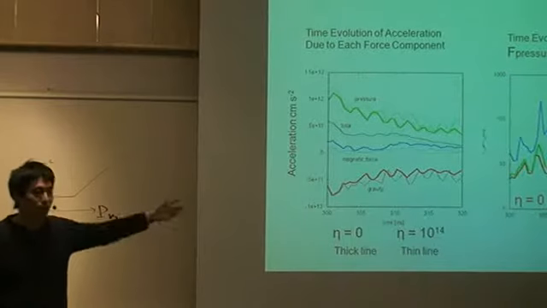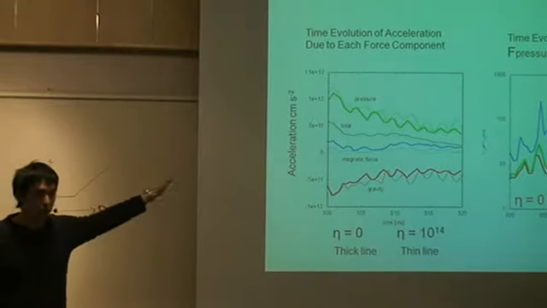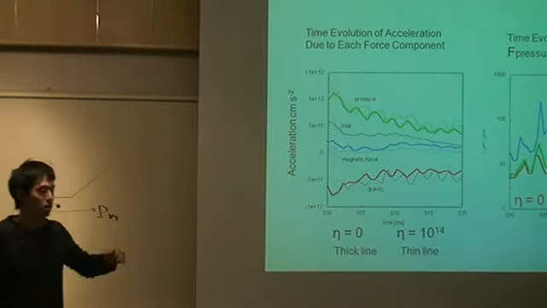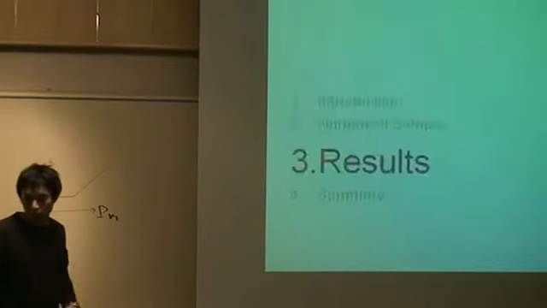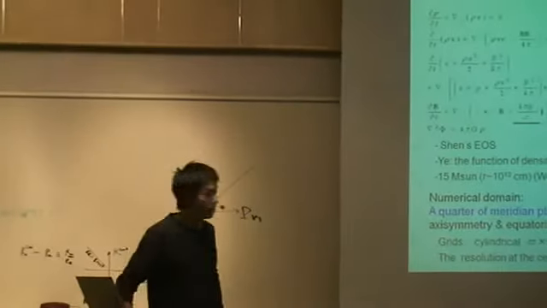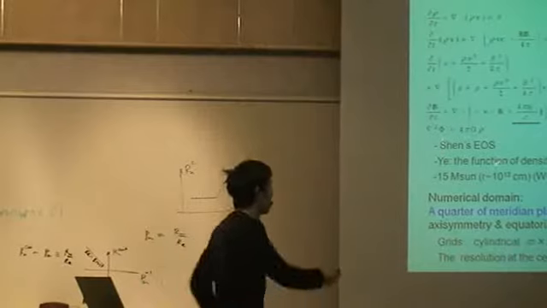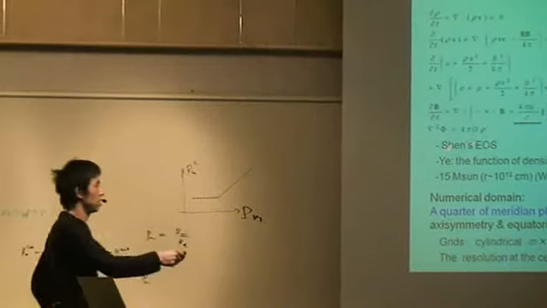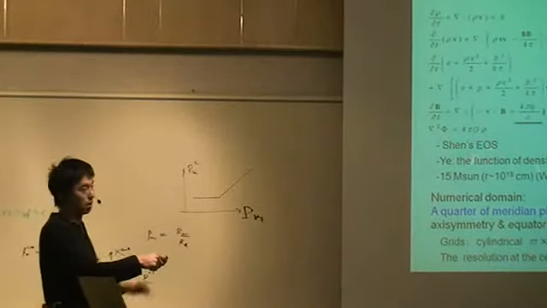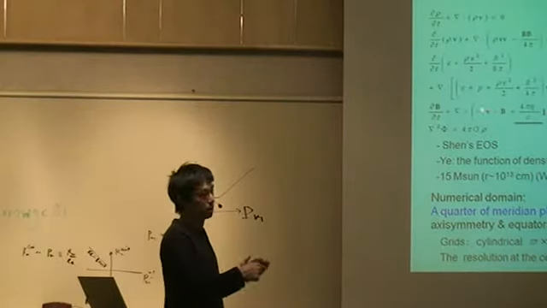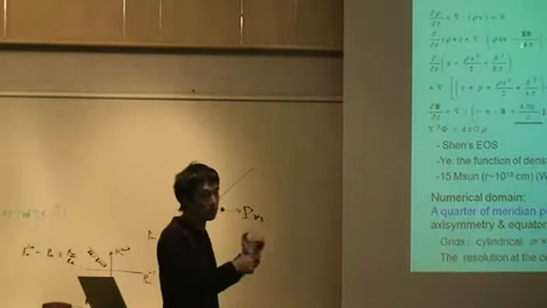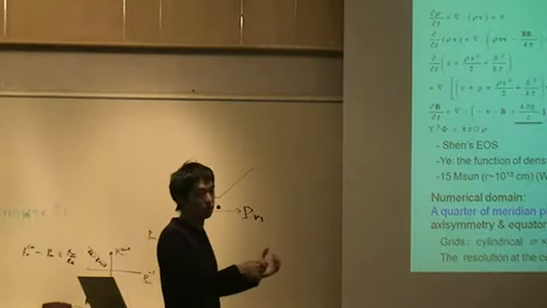And for neutrino cooling, I don't include the effect of neutrino cooling, but I implement the EOS by Shen. This is a nuclear equation of state, and this includes the energy loss by photodissociation of heavy nuclei.